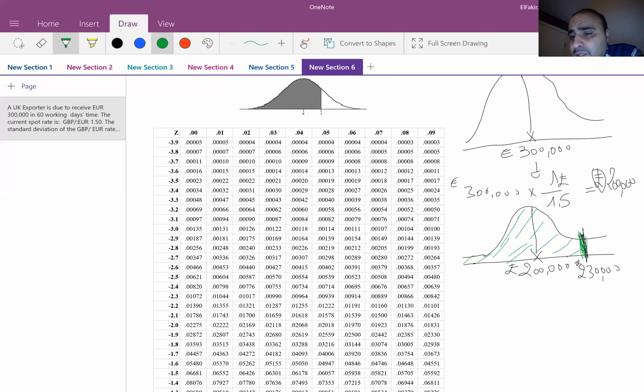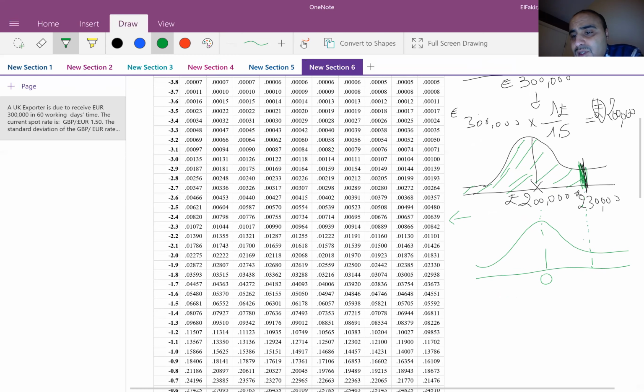But of course, as we said before, we need now to standardize our values so that we can use the Z table in here. We know that this is the mean value, so that automatically is standardized to 0. So we need to know now what is the standard value for 230,000. In order to do that, we need to find the Z score for that, okay? How to do it?